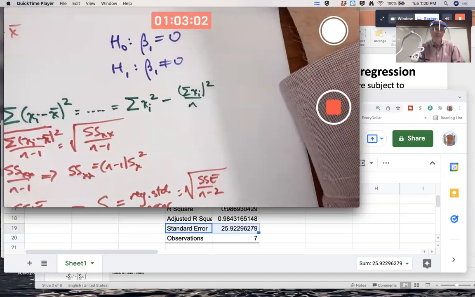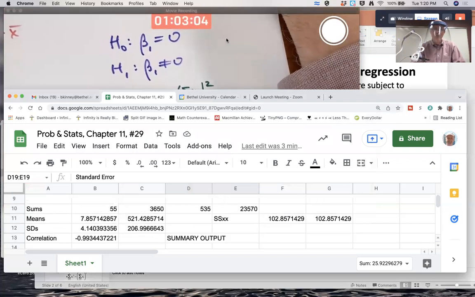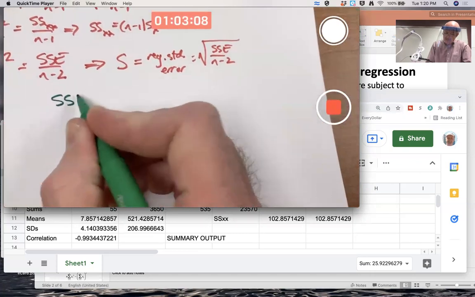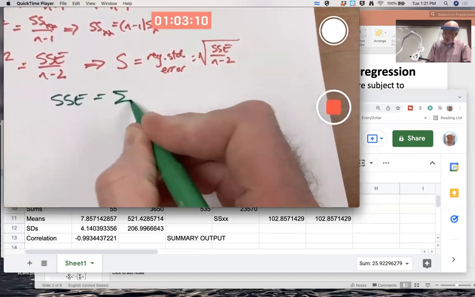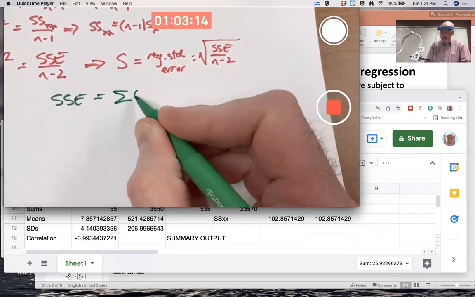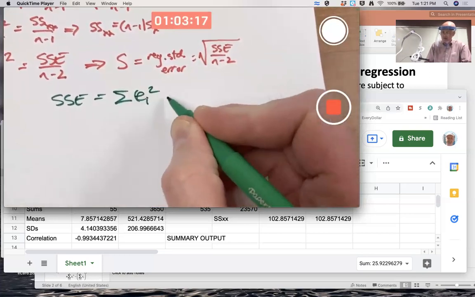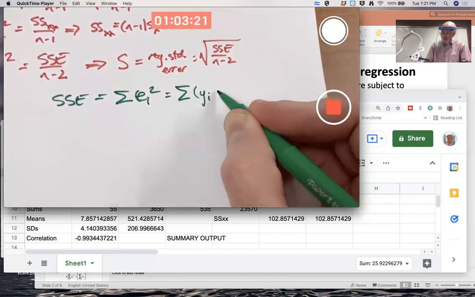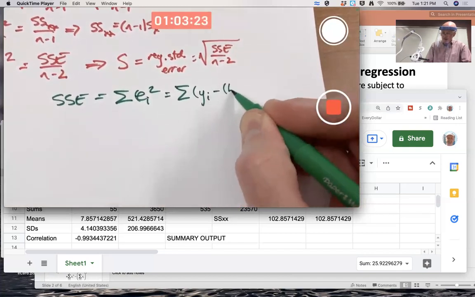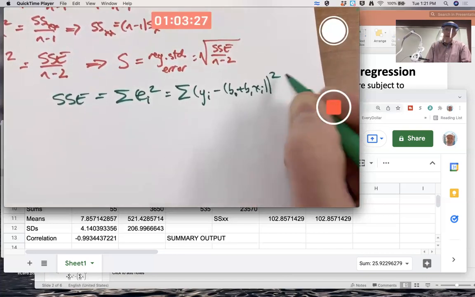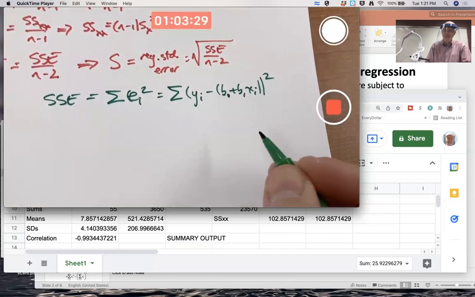SSE, what do we need to do? Well, what was the formula for SSE? So many formulas. SSE, remember we did at the beginning of class today, was this summation. Initially written e_i squared, ultimately written, well, you could write it like this. And then they distributed the minus sign through.